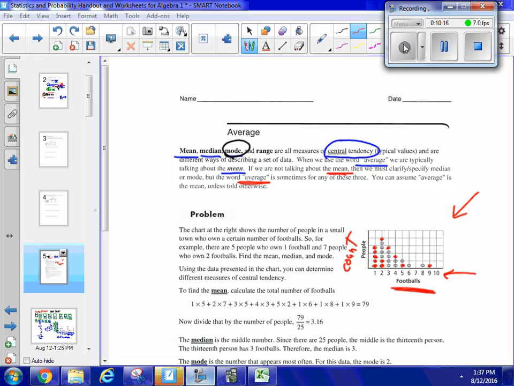So this is our data. And I want to find out, well, what's the average number of footballs that people have in their house? Well, first thing I've got to do is find out how many footballs there are here, right?